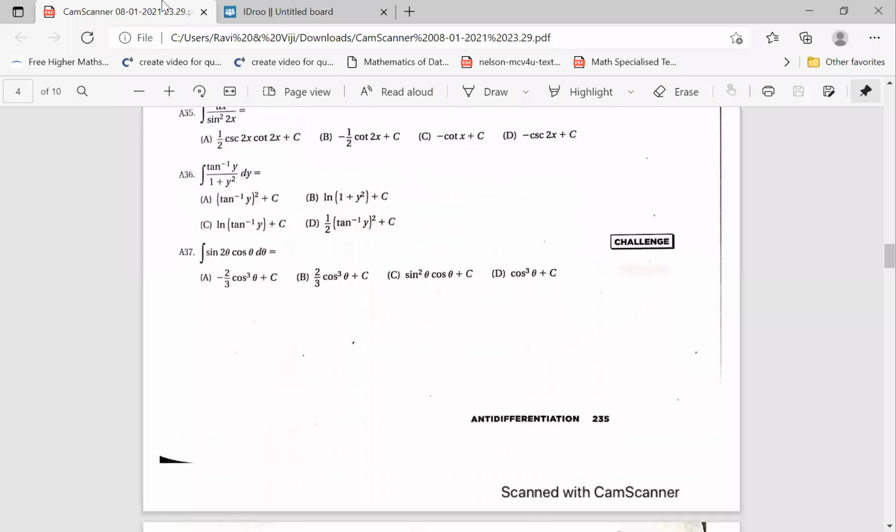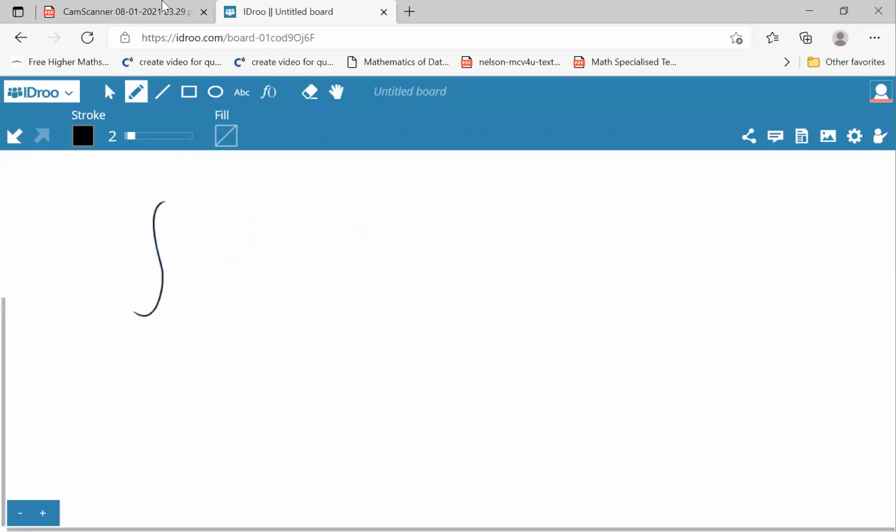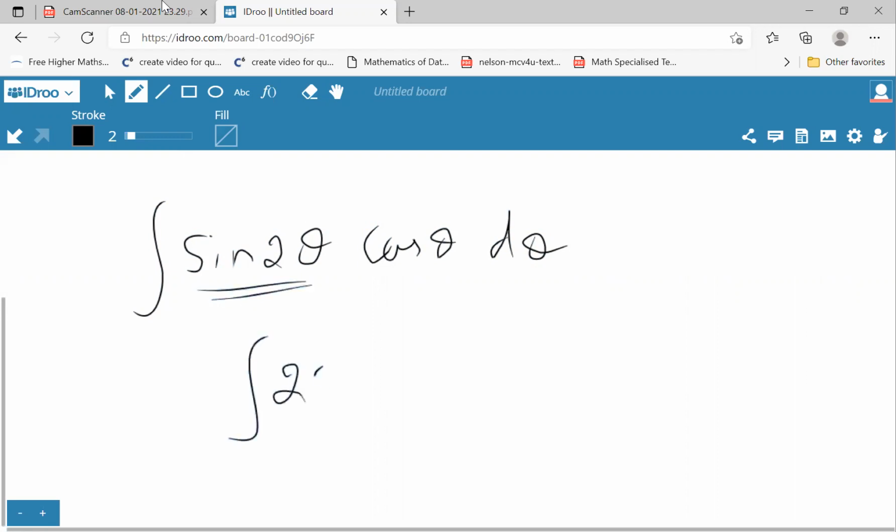Now going to the 37th one. Integration of sine 2 theta cos theta d theta. This is slightly tricky. What you can do is split sine 2 theta as 2 sine theta cos theta into cos theta d theta.